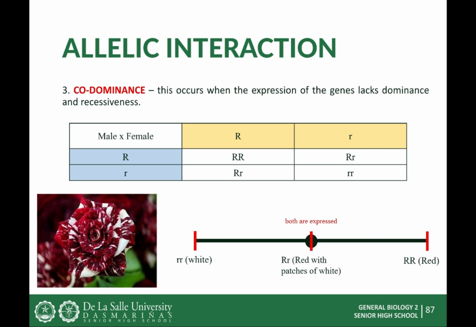Now, for codominance, this occurs when both of the genes lack dominance and recessiveness. So both of the phenotypes are expressed and will not mix. No blending color, both are expressed. So if we have a red mother and a white father, both of those colors will come out.